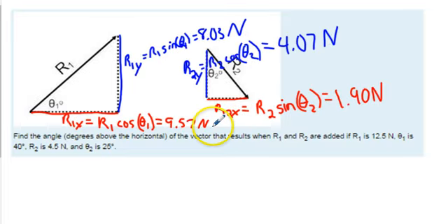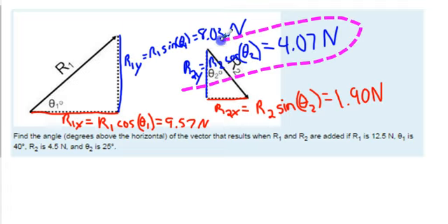Okay, you can see that I went through and worked out the math for the rest of these components. Feel free to pause and look at it. Now, something that's really important to realize: you have to look at this stuff and see if it makes sense. The thing I would like for you to notice is that this y component points downward.